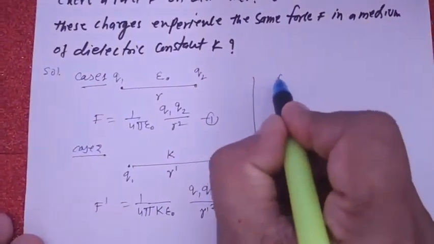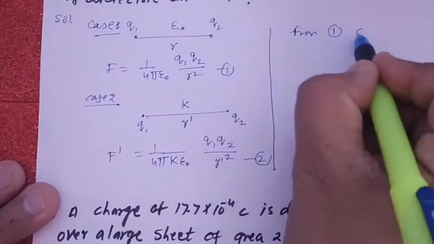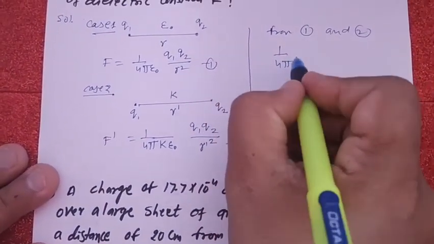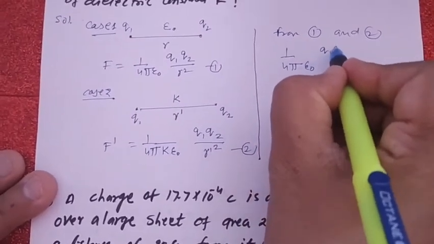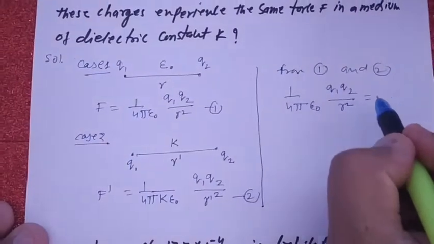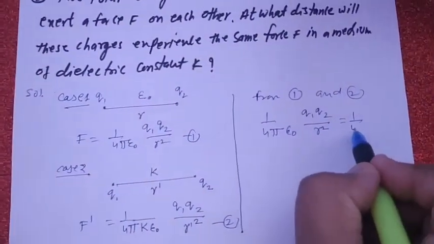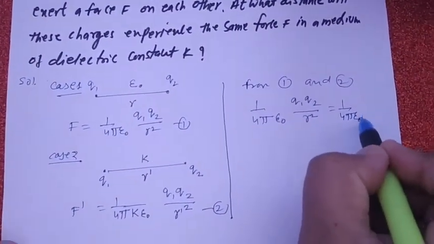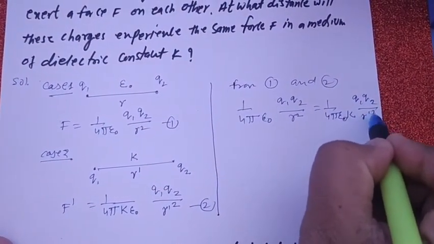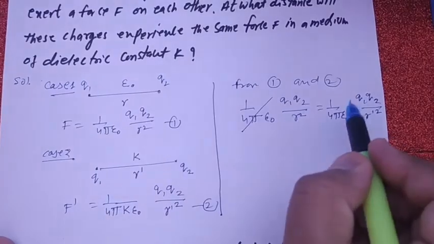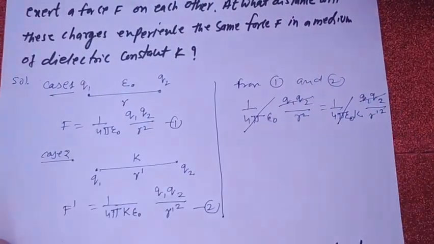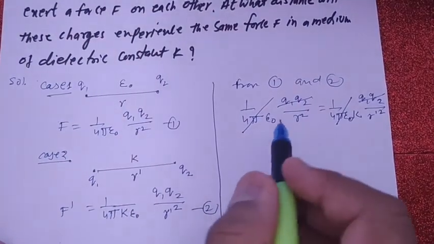So from 1 and 2, 1 upon 4 pi epsilon 0 q1 q2 upon r square equal to 1 upon 4 pi epsilon 0 k q1 q2 upon r dash square. Clearly 1 upon 4 pi epsilon 0 and q1 q2 cancel on both sides.